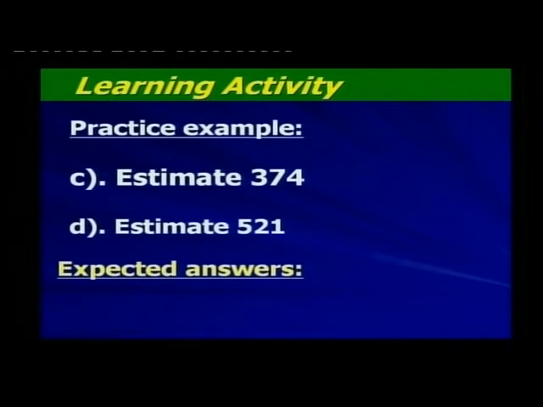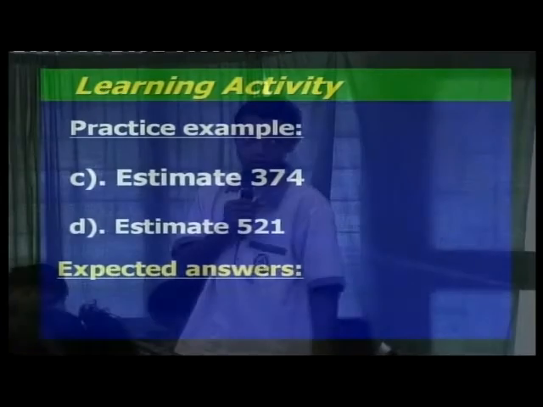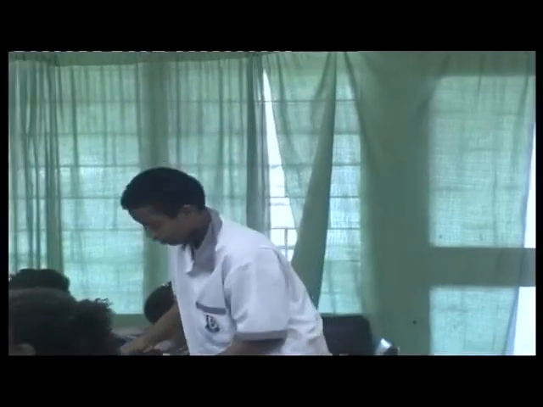What was the estimated figure to practice example C? 400. Okay, Ken, can you tell the class why you estimated that to 400? Because 7 is greater than 5. Very good. Put your hand up if you have 400. Okay, well done to those students.